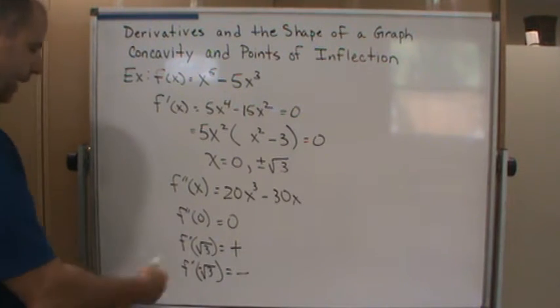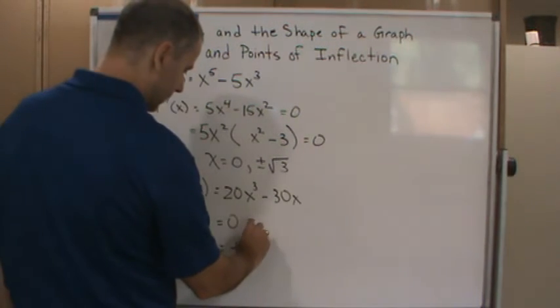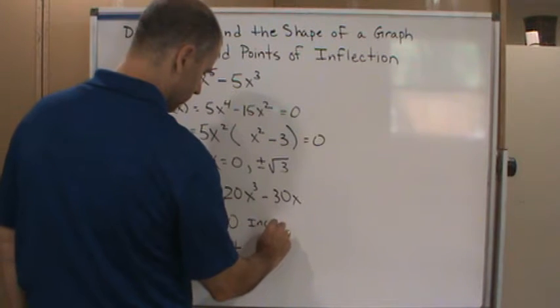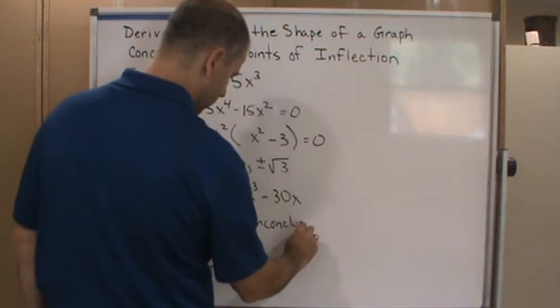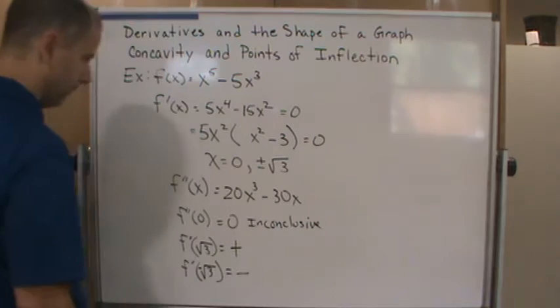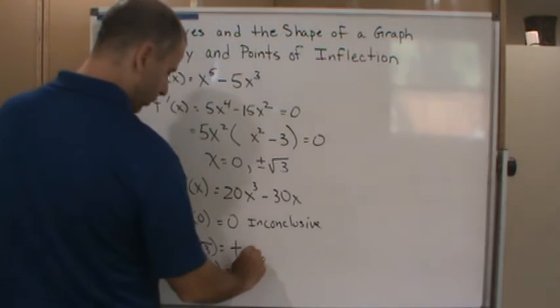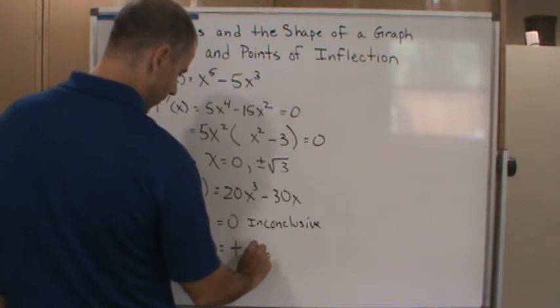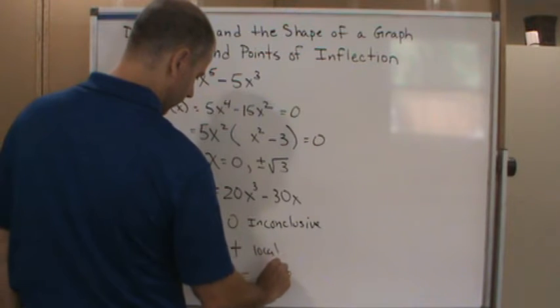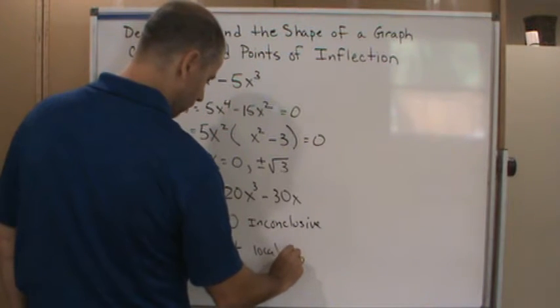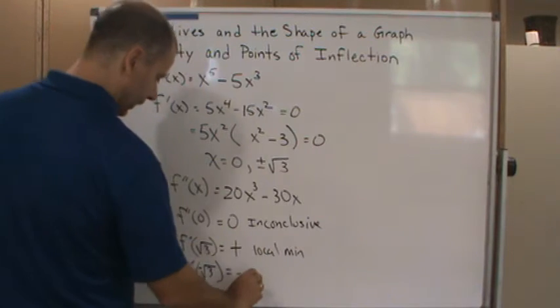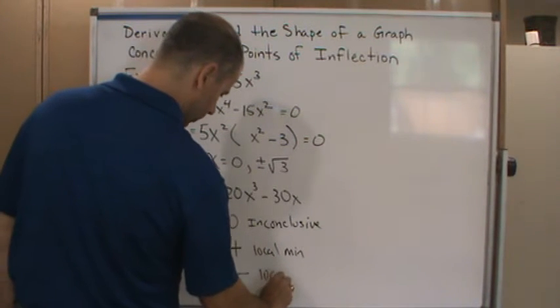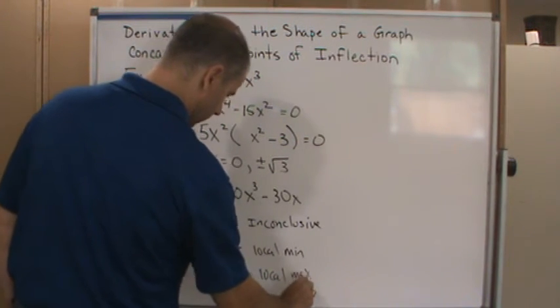Okay, so now based on this, here it's inconclusive. Here we have a local minimum, and here we have a local maximum.